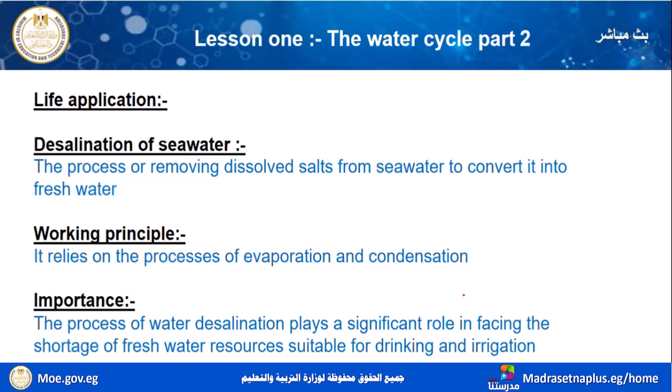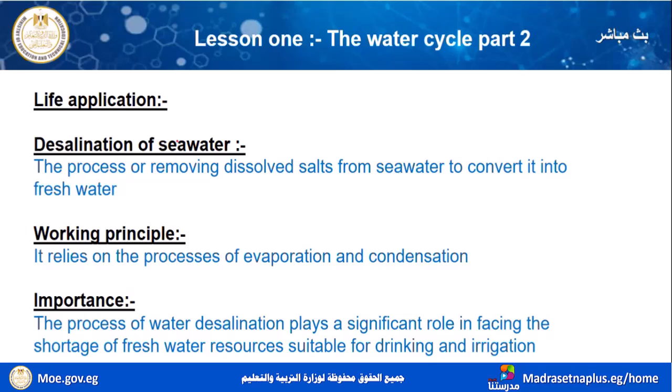Then water will evaporate and form water vapor. Water vapor will condense again and form fresh water, while salt water returns back to the sea. This process is called desalination, and many countries make desalination to increase the amount of fresh water.